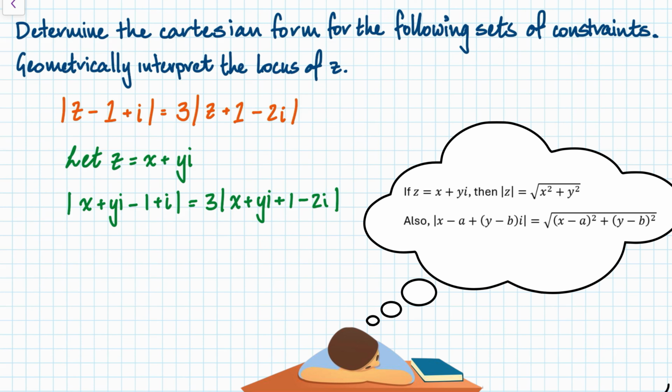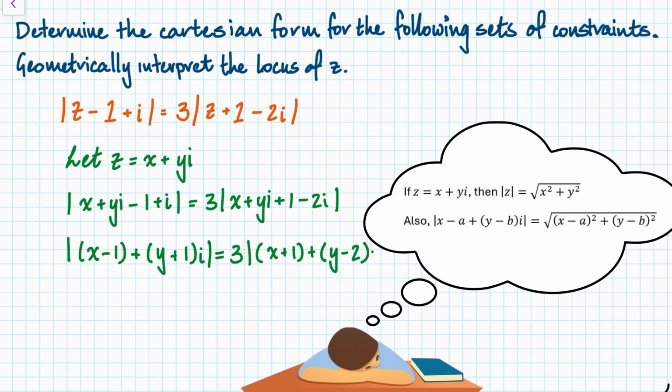So what we're going to do is group our like terms. I have the modulus of x minus 1 plus y plus 1 i is equal to 3 times the modulus of x plus 1 plus y minus 2 i.